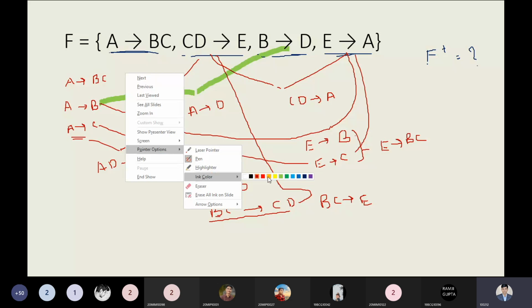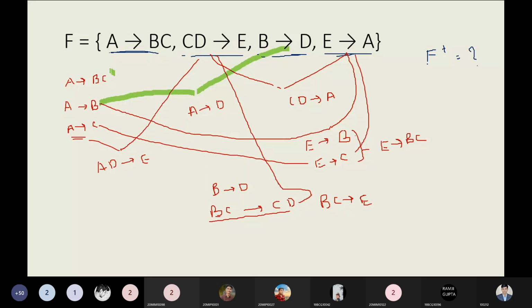You can observe over here, if you're choosing A determinant to C, A determinant to B, and A determinant to D, and using these three functional dependencies with union, first I choose A determinant to B and C, so I can say A determinant to BC is possible.